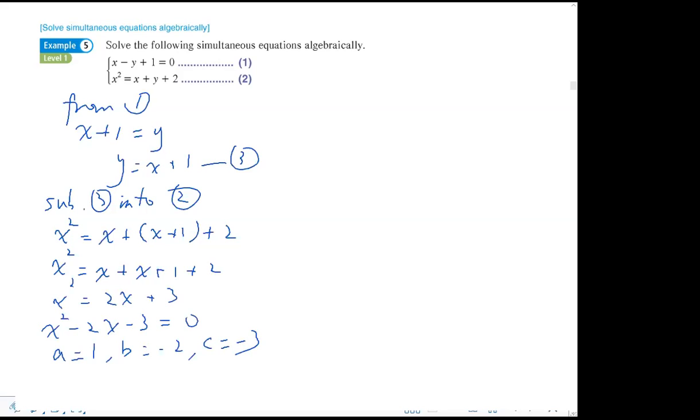Okay, and then x will be equal to program 1, and that should be equal to 3, or x is equal to -1. Okay, and we substitute x equals 3 into equation 3 to calculate the value of y. So that should be equal to 4.